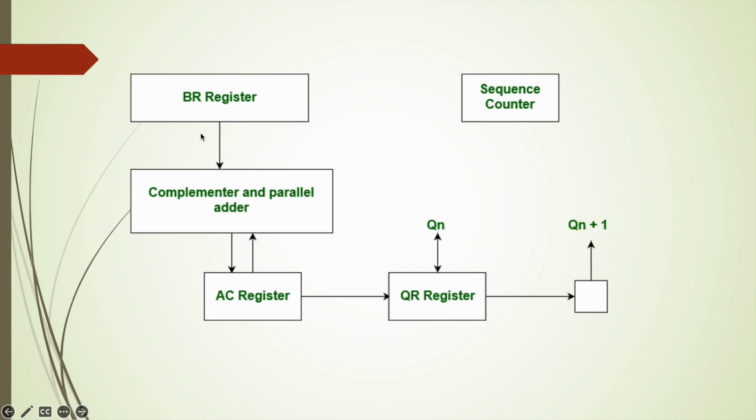We add the multiplicand or we add 2's complement of multiplicand to the AC register. That is why we have a complementer or parallel adder circuit, and we have a sequence counter to calculate how many number of times we repeat the loop, and Qn is the least significant bit of multiplier, and Qn plus 1 is the shifted value of least significant bit.